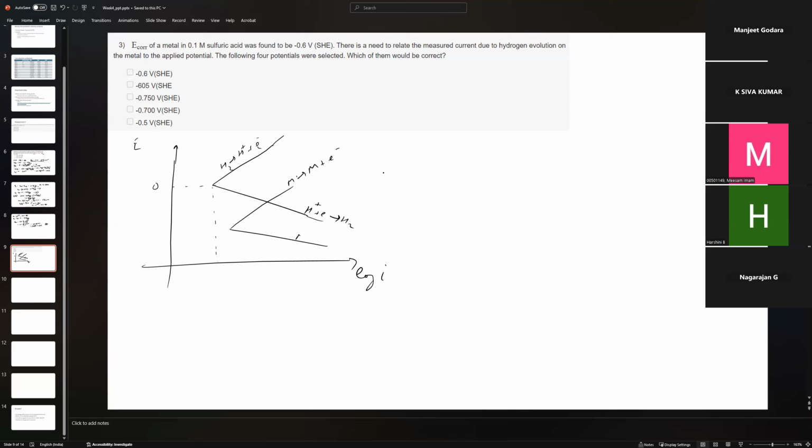And this is metal plus electron. This is your I core. This is the exchange current density for the metal. And your E core.